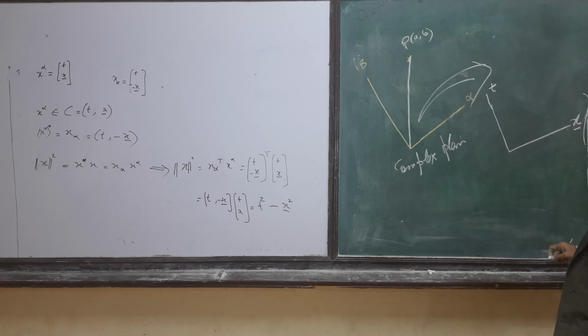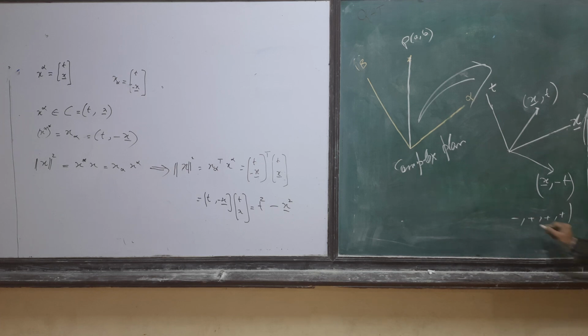So this plane will be, in this case, this signature. This is X T, a different thing which I have already explained. Here X is positive and T is positive. If this is a point, its mirror image will be X minus T. So this is minus plus plus plus signature.